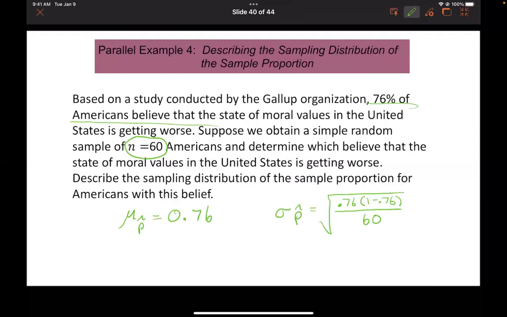So I got approximately... I did something wrong. You did something wrong? Yeah, I just don't know if I entered it in correctly. I just did square root 0.76 parentheses 1 minus 0.76 divided by 60 parentheses. Should I just put the parentheses around 1 minus 0.76?